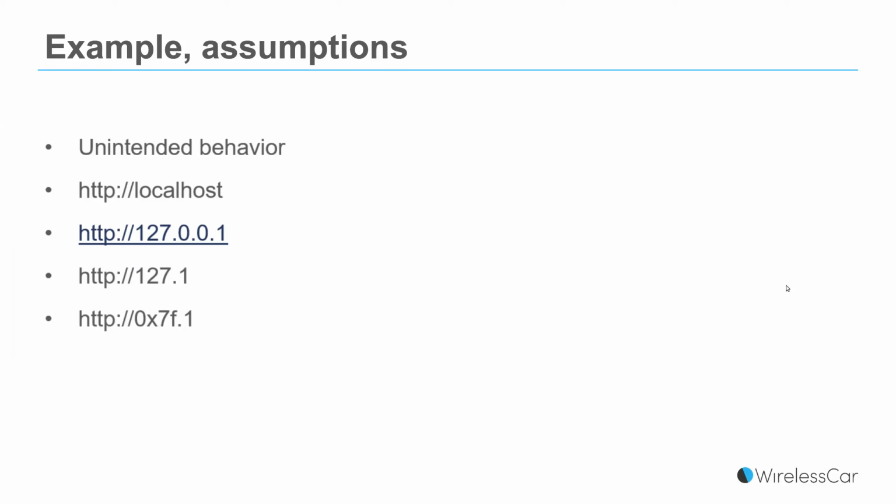And of course, you can do it in even weirder ways. You can represent the IP address as a hexadecimal value. And it's really hard to unlearn the way a simple IP address looks like and similar things.